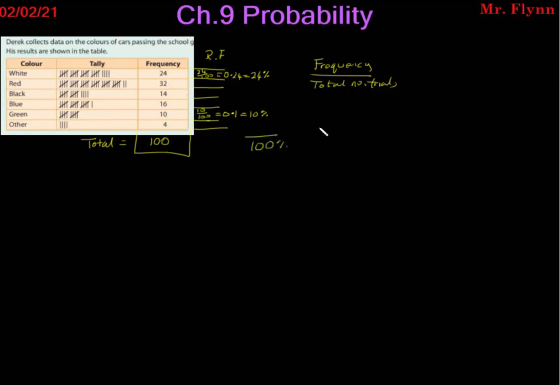Now by including that, this is very useful in terms of working out and being asked, if I ask the question here to Derek, another car now has passed that road, what is the probability, or from your trial and your experiment here, what is the percentage that the next car that's going to pass will be a white car?